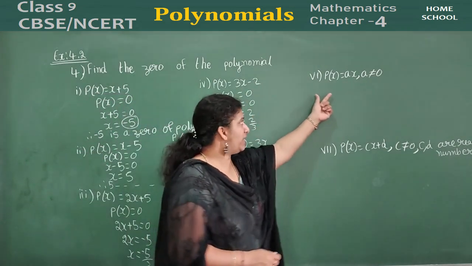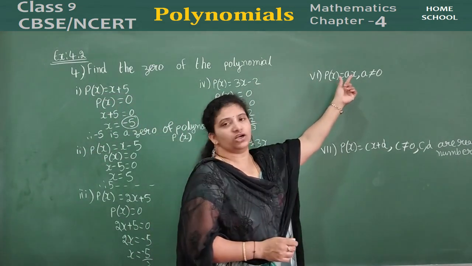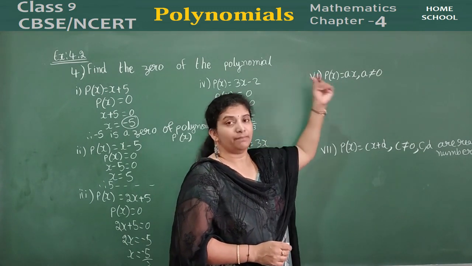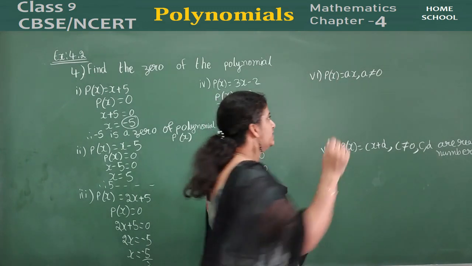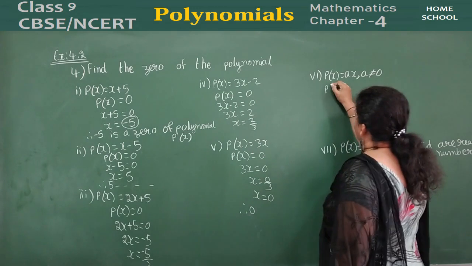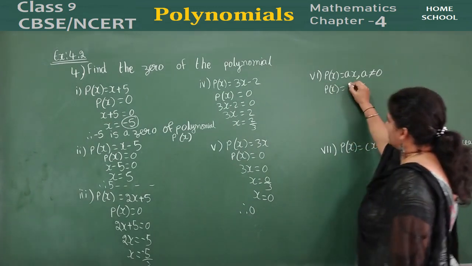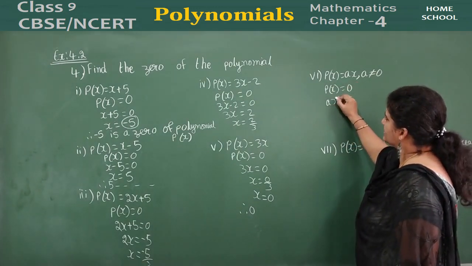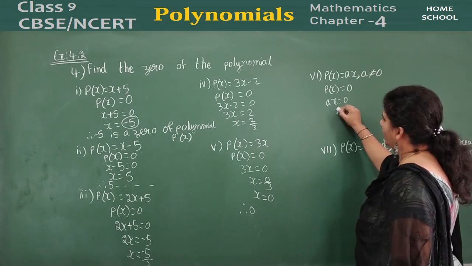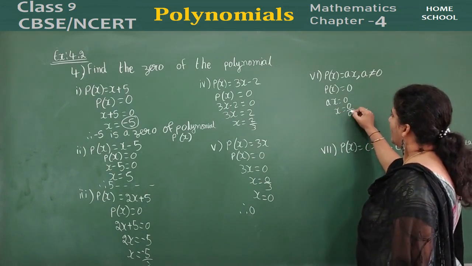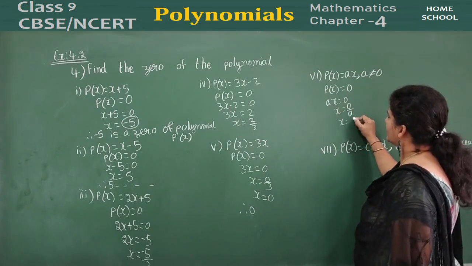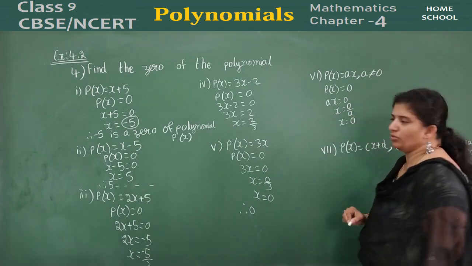See the sixth one. P of x is equal to ax. So what are you going to do? P of x is equal to 0. ax is equal to 0. x is equal to 0 by a. x is equal to 0.